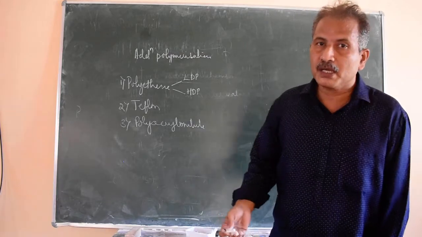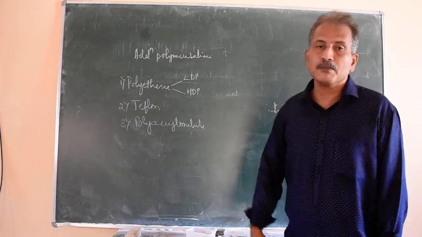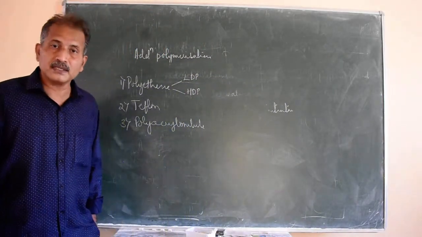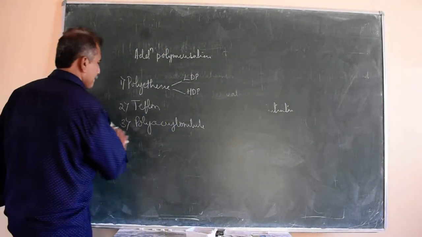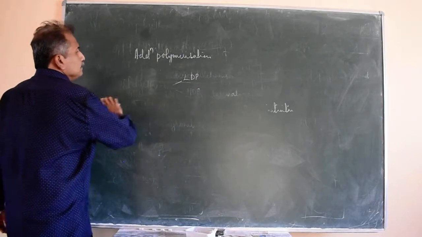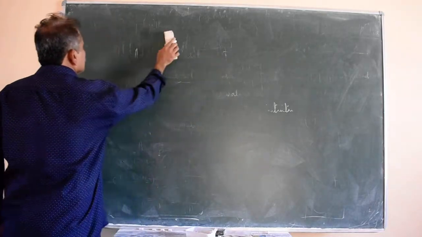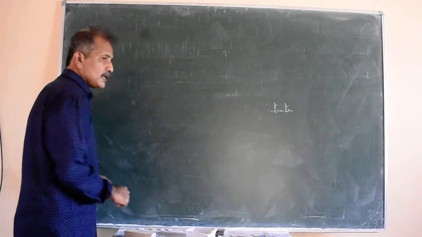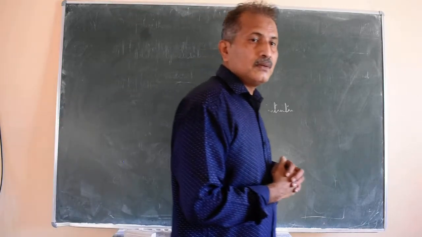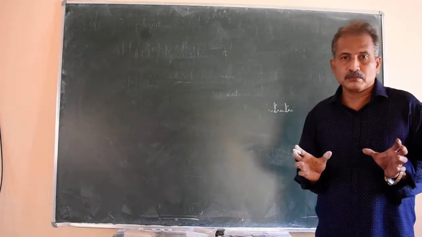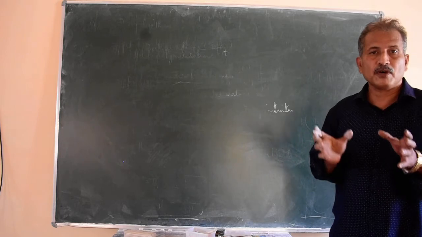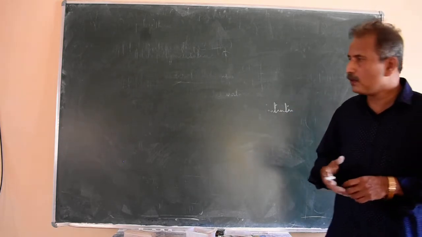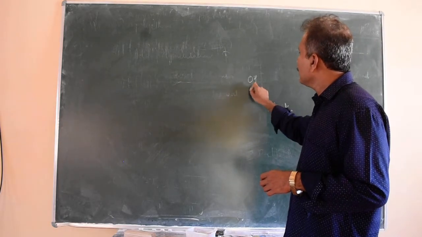Same way you have to study condensation polymers. Okay, and some condensation polymers. So in condensation polymerization, what happens? We join 2 monomers to form a polymer with the liberation of a water molecule or even an HCl.